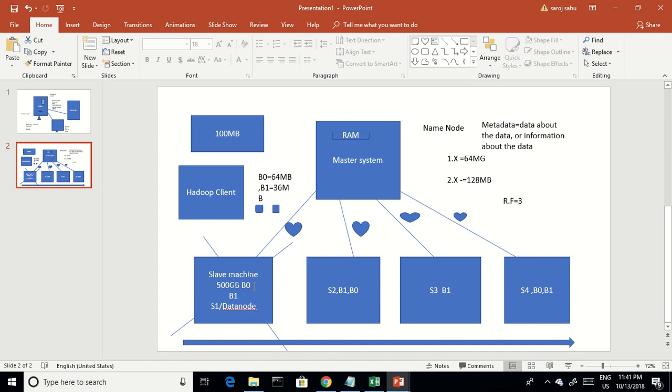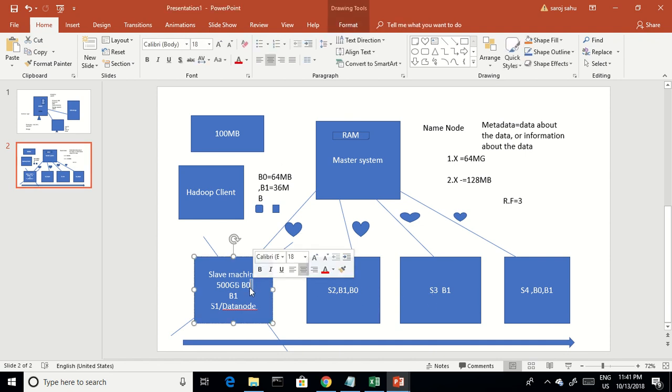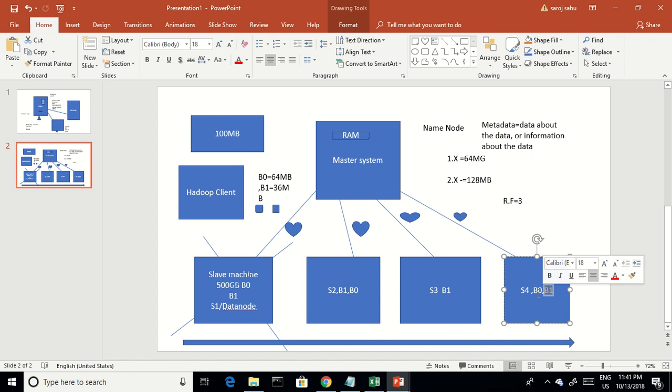For example, block 0 is processed in the first machine and block 1 is processed by the fourth machine. They will process simultaneously, in parallel, and give the status to the name node, and the name node will give the final output to the client.